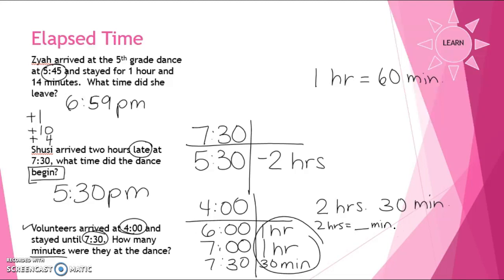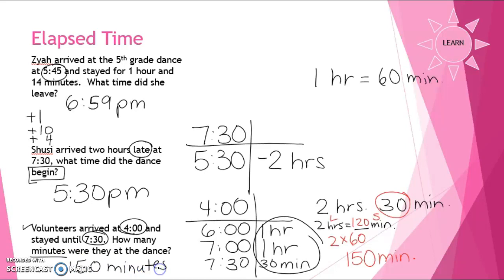Since we're going from a larger unit to a smaller unit, we're going to multiply. 2 times 60, which is 120. Don't forget, we have to add this 30 minutes. So it's 150 minutes. How many minutes were they at the dance? 150 minutes.